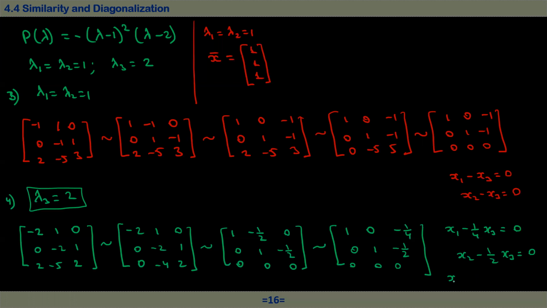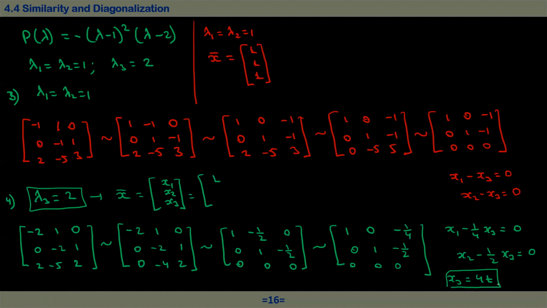So if I just take this x3 as, let's say, 4t, right? And what will be one eigenvector corresponding to this eigenvalue? We just write here, that vector will be, here we have x1, x2, x3. That is, x1 is here t.